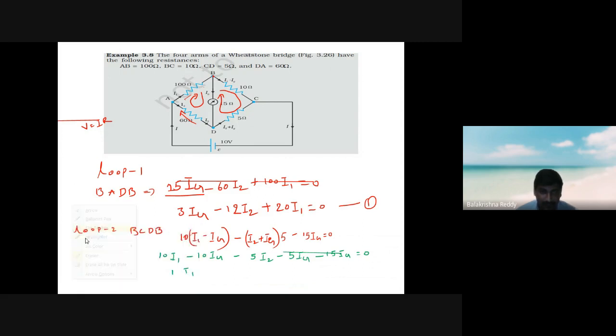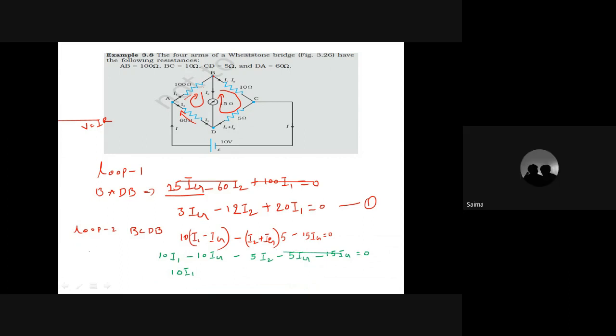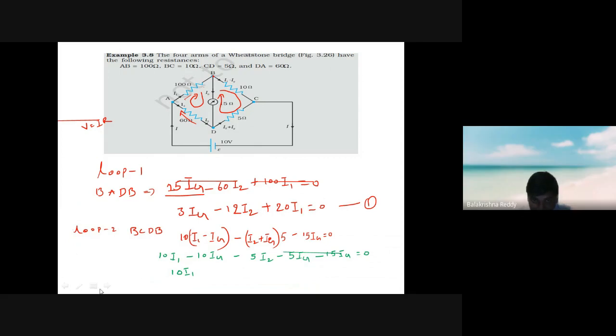There are many quantities of Ig in the equation: 10 Ig minus 15 Ig, and here minus 15 Ig. Minus 15 Ig minus 15 Ig, how much does it give us? It gives us minus 30 Ig. Then minus 5 I2.